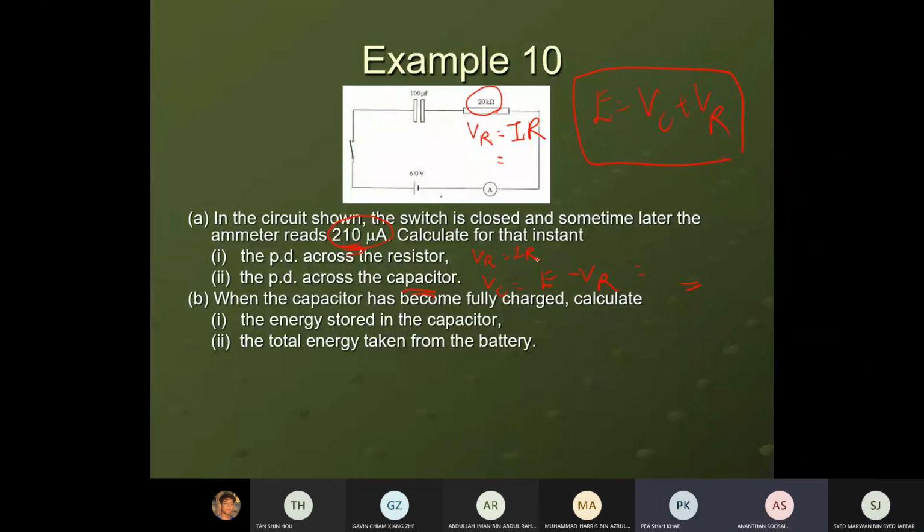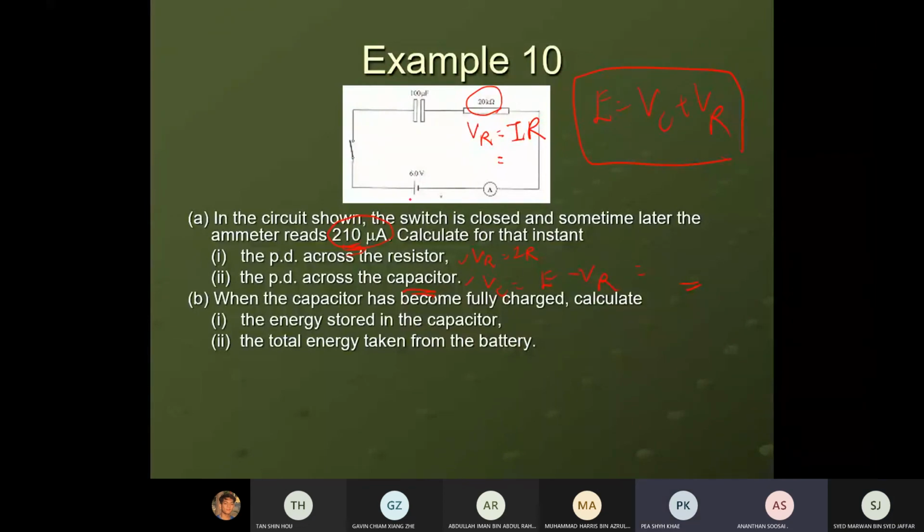Okay. Hope all of you have this idea in your mind to get VR and VC. Remember, as time increases, which V increases? VR or VC?